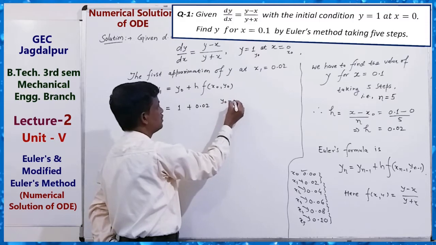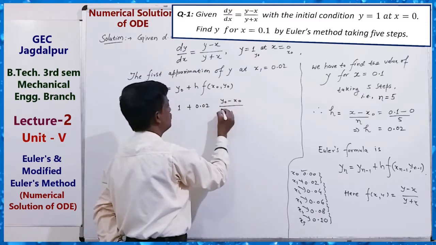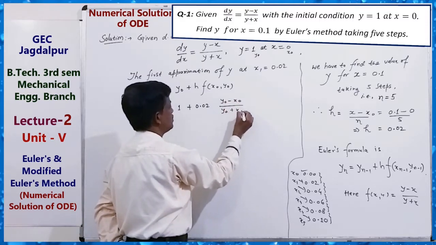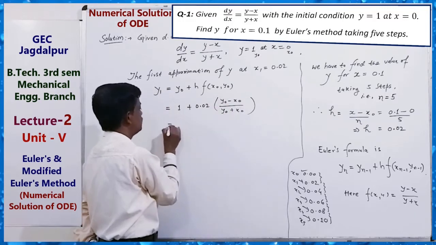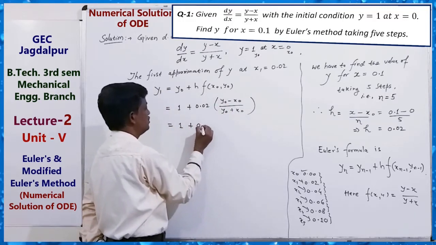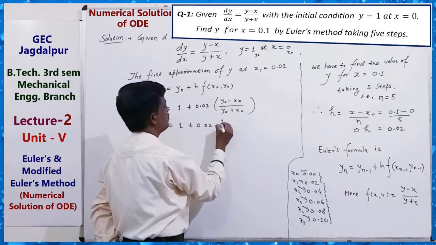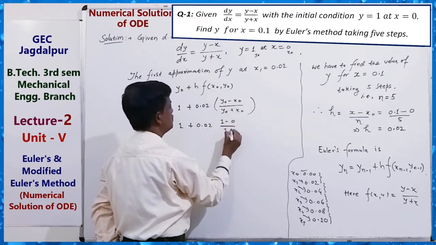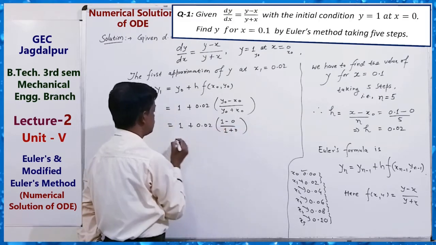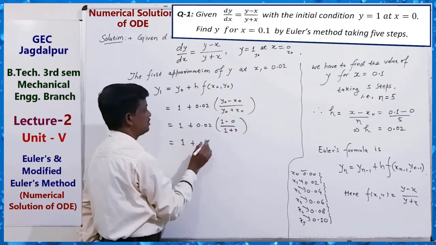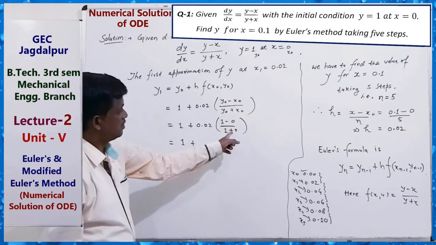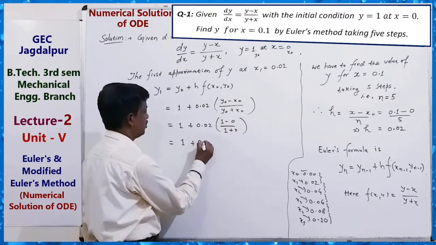y0 minus x0 upon y0 plus x0. This can be solved just like this: 0.02 times (y0 minus x0 upon y0 plus x0), that is 1 minus 0 upon 1 plus 0. Just solve it. Here 1 plus 0.02 equals 1.02.